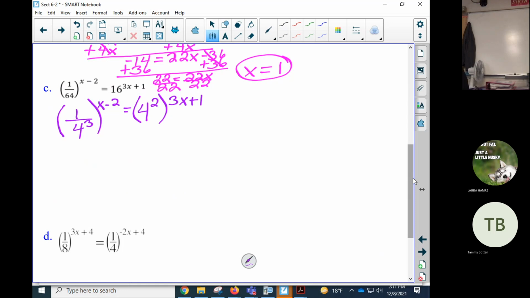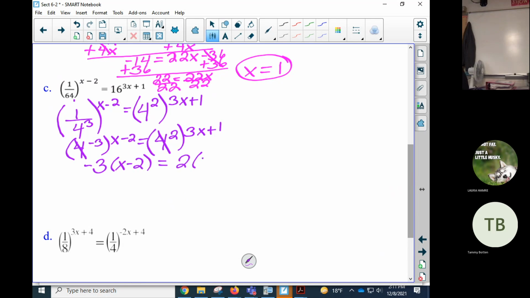Now what I want to do is bring that 4 to the third to the top. So do you guys get that? It would be 4 to the negative third to the x minus 2 equals 4 squared to the 3x plus 1. I have a 4 in each of them, okay? So I'd end up with negative 3 times x minus 2 equals 2 times 3x plus 1.